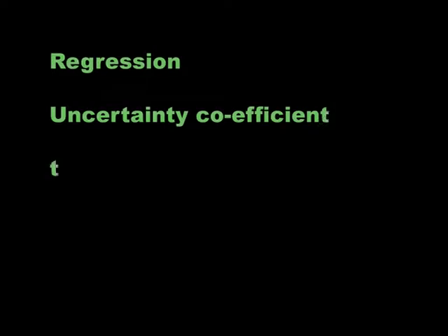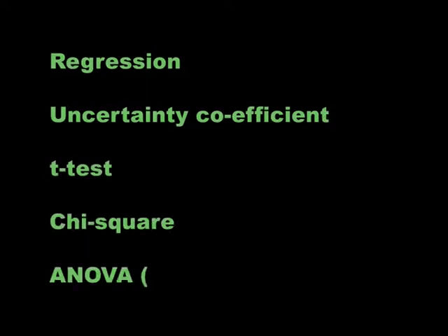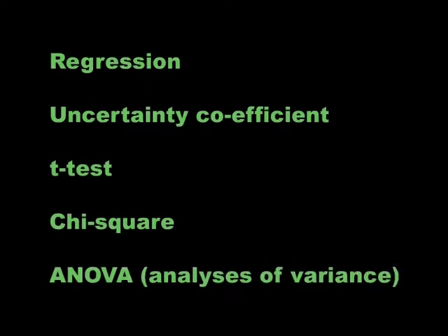Scientific research: accurate analysis of data using standardized statistical methods in scientific studies is critical to determining the validity of empirical research. Statistical formulae such as regression, uncertainty coefficient, t-test, chi-square and various types of ANOVA, analysis of variance, are fundamental to forming logical and valid conclusions.